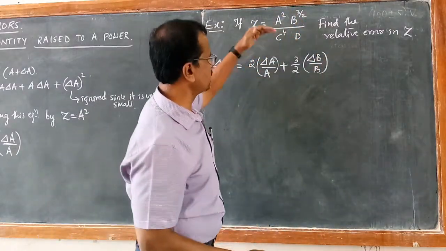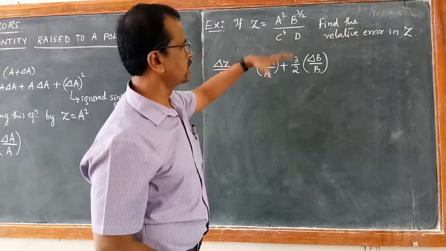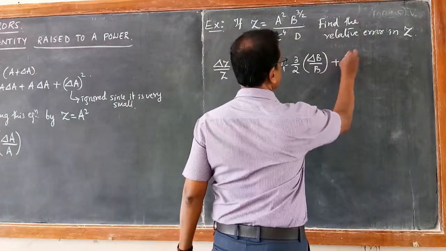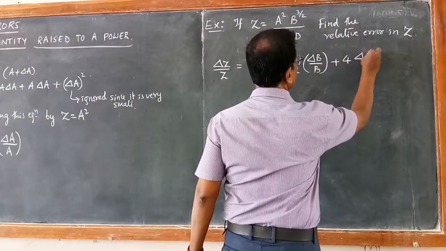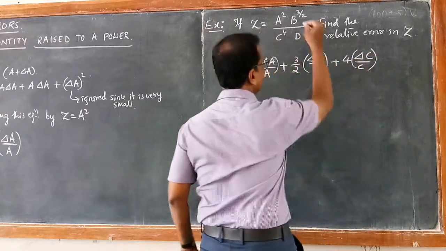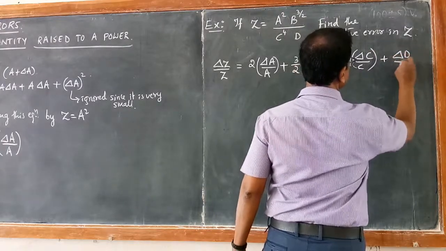Then even if it is in the quotient form, even if it is in the form of a division, the relative errors are added. Therefore plus 4 times relative error in c and d to the power 1, so it becomes 1 times delta d by d. So this is the result.